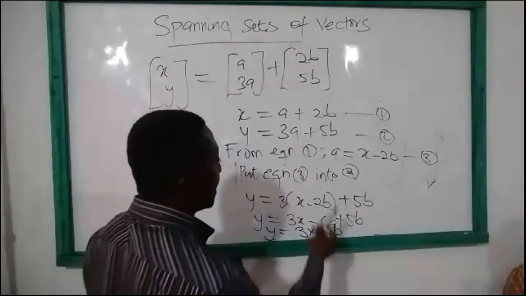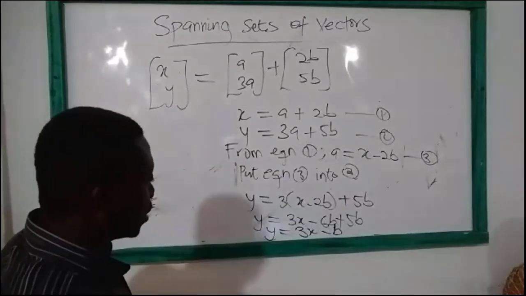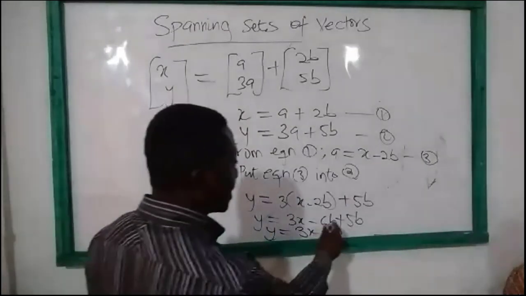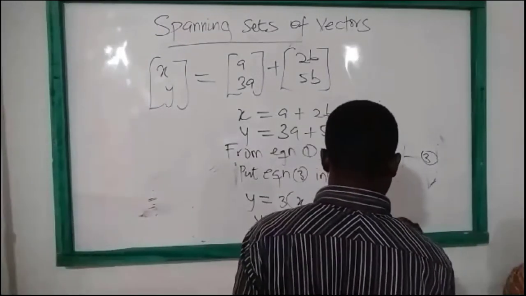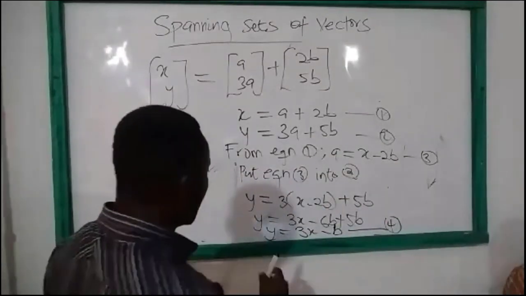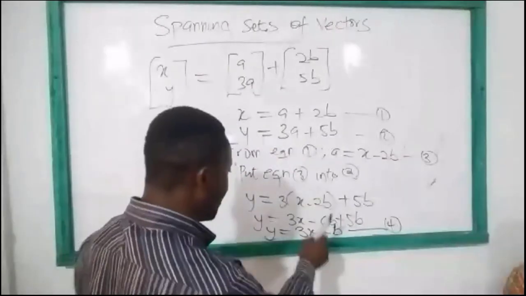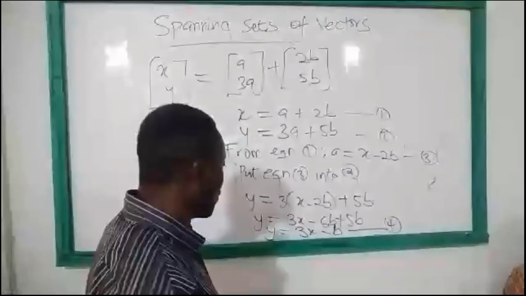So looking at our equation 3 and then equation 4, this is now our equation 4. But we are to express the values of a and b in terms of x and y.